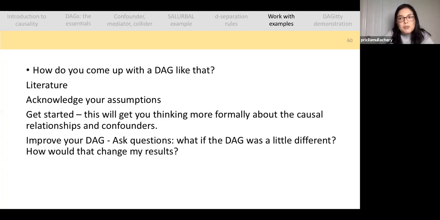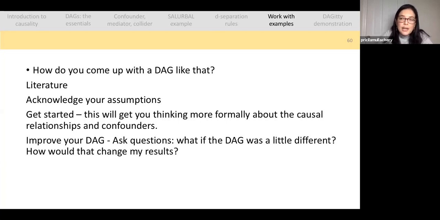So it's not something that you're gonna do overnight, right? You have to know about the literature, you have to get started. And I think the point of this seminar, the next seminar, is getting started with your DAG and trying to think more formally about the associations you're testing, about the causal relations you're testing. And then just read more and talk to people who are experts in the area.